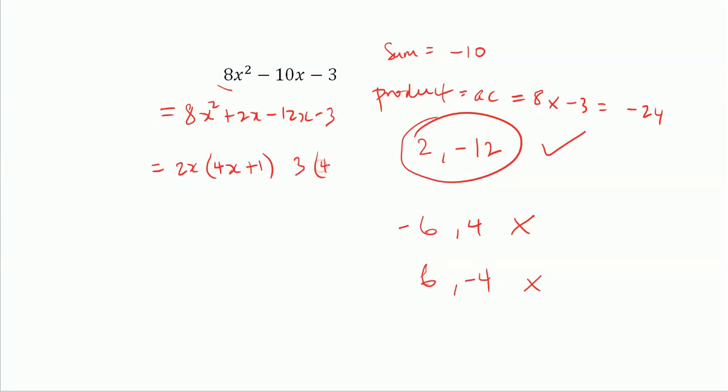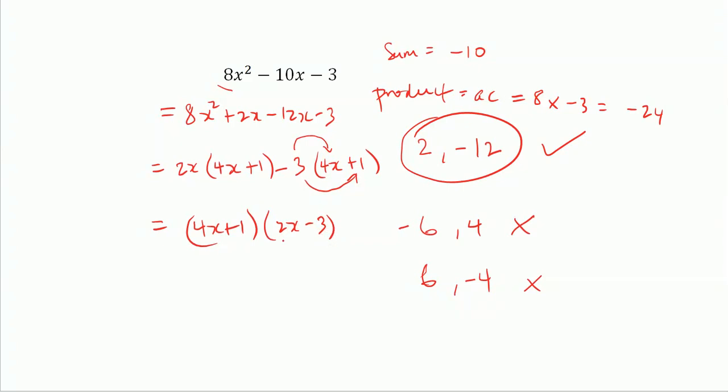This will give me 4x. I need to get plus 1 here, right? Therefore, I need to put a minus sign inside here, because I have to get minus 12. So minus 3 by 4x will give me minus 12, and minus 3 by 1 will give me minus 3. So we have a common factor of 4x plus 1. This will be 2x minus 3.